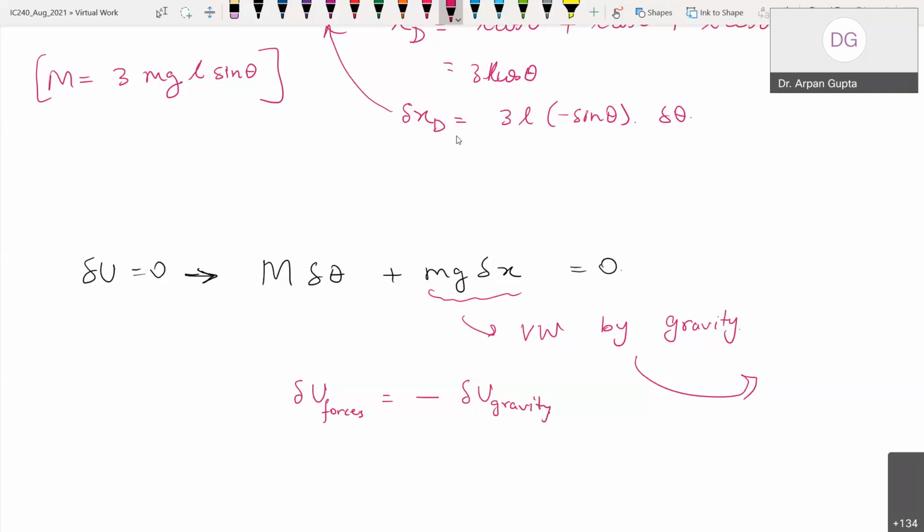And this negative of work done by gravity, we are now calling this as potential. So we'll call this delta V. Now I'm introducing another term which is called potential or potential energy. So this is your virtual change in potential energy.